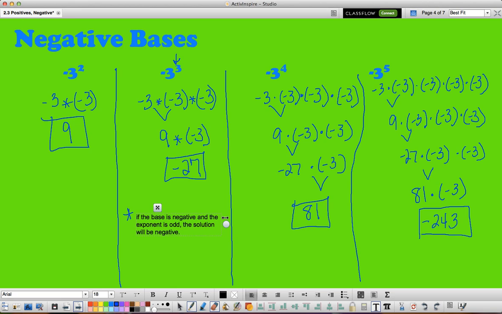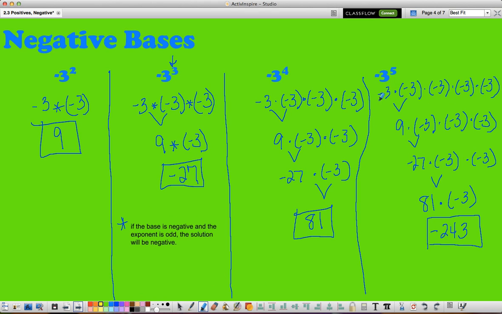So anytime that you have an odd amount of negatives, so these two cancel each other out, and then these two cancel each other out. But then you have this leftover one right here, so this ends up making it a negative answer. Because you have an odd exponent, you have an uneven number of negatives, so you have that one negative left over to make your answer negative.